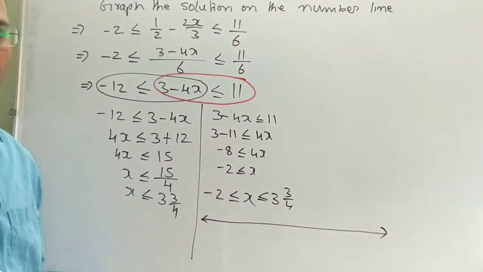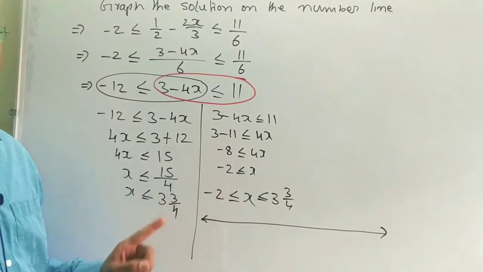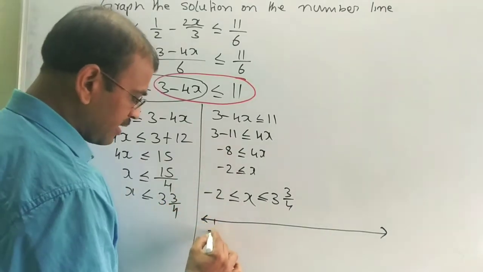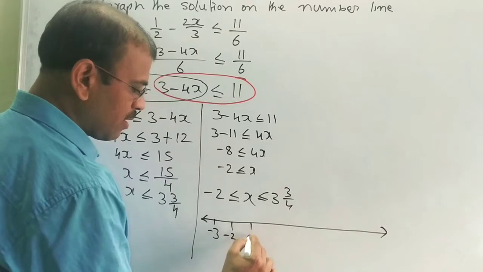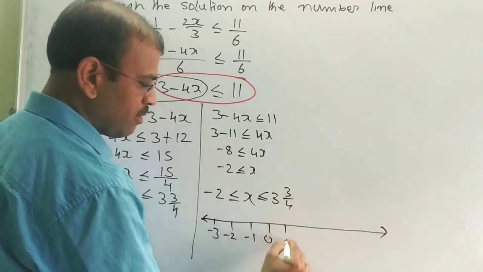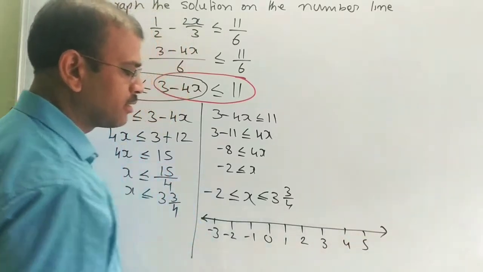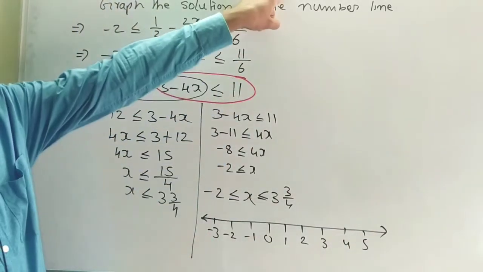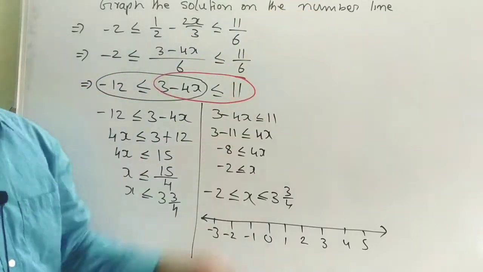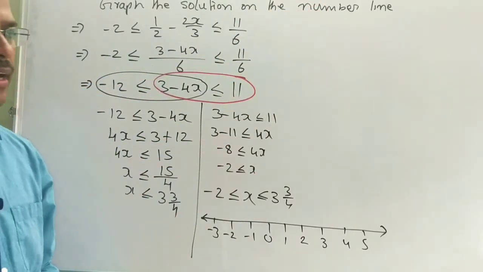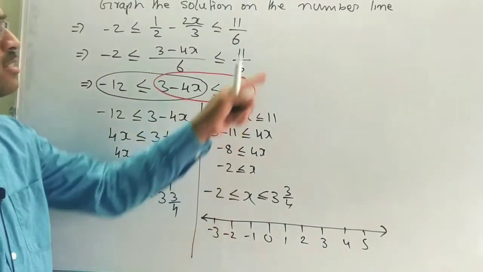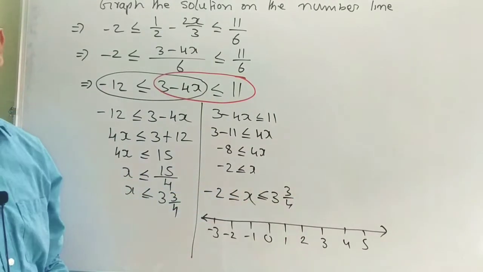Whenever you are plotting on the number line, take at least one number before this. So -3, -2, -1, 0, 1, 2, 3, 4, 5. Our question is: x belongs to natural numbers. So what are the natural numbers less than 3/4?